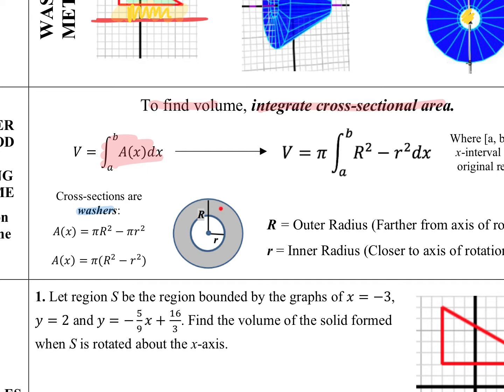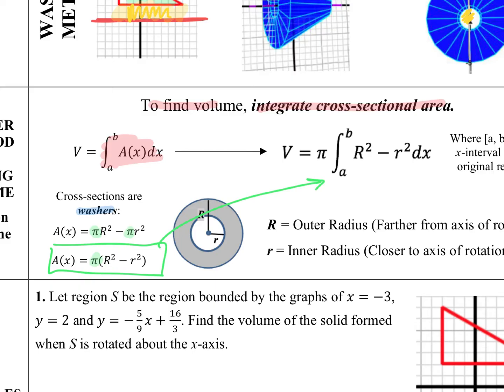So if I want to find the area of this cross section, I do pi outer radius squared, and then I have to subtract out the area of the hole, which is pi inner radius squared. And I see my common factor of pi that I'm going to factor out. And this is my cross-sectional area.